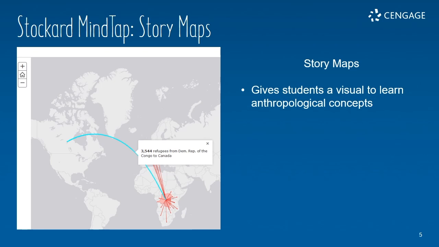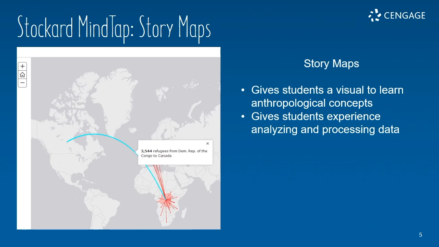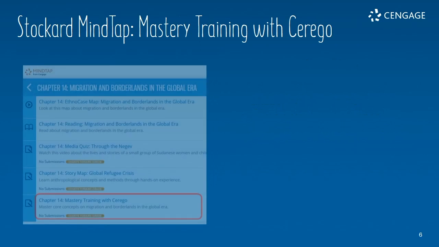But the story maps are really going to help the students visualize what they're learning. It's a great way for them to understand the anthropological concepts that they're studying. It's going to allow them to analyze and process data. And again, 6 story maps throughout the text. Your instructors are really going to like the benefits of this from the standpoint of students being able to go in and interact with these maps in a way that's going to be relevant to them.